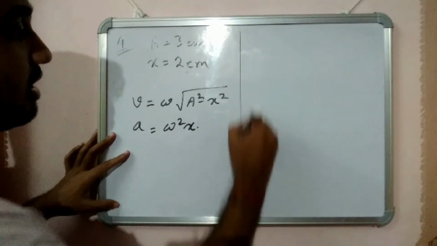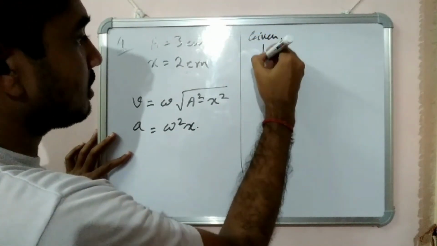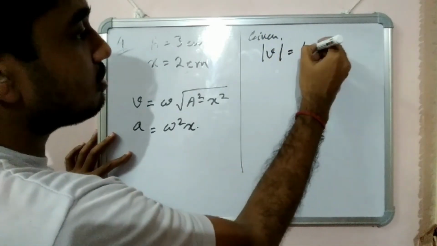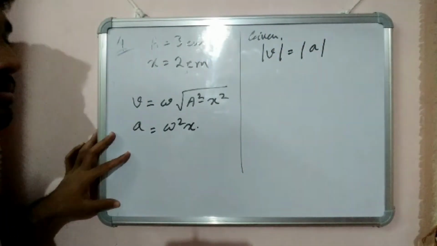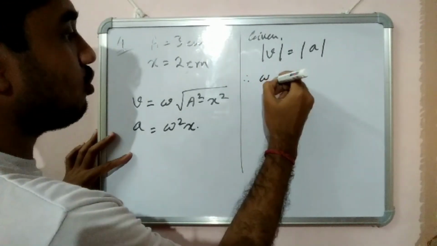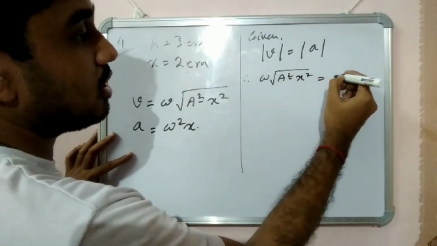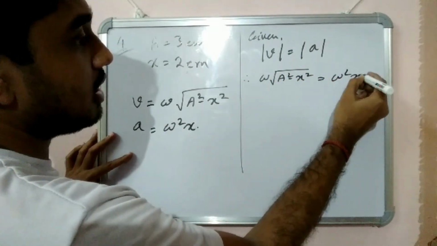So according to the given condition, magnitude of velocity is equal to magnitude of acceleration. So omega into the square root of a square minus x square is equal to omega square x.